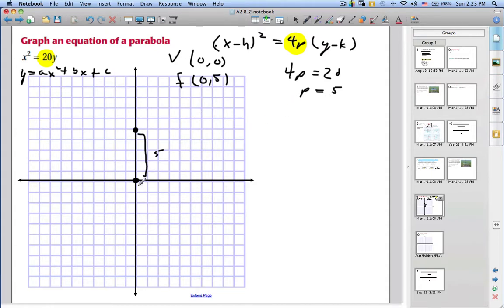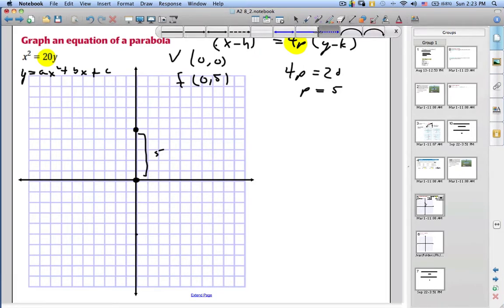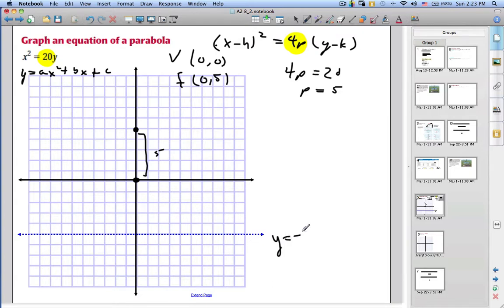Now, when I want to put in my directrix, it's 5 away from here as well, but in the other direction, 1, 2, 3, 4, 5. So this would be a point on the directrix, but the directrix is a line that is perpendicular to my axis of symmetry. There's my directrix. So my directrix is at y equals negative 5.